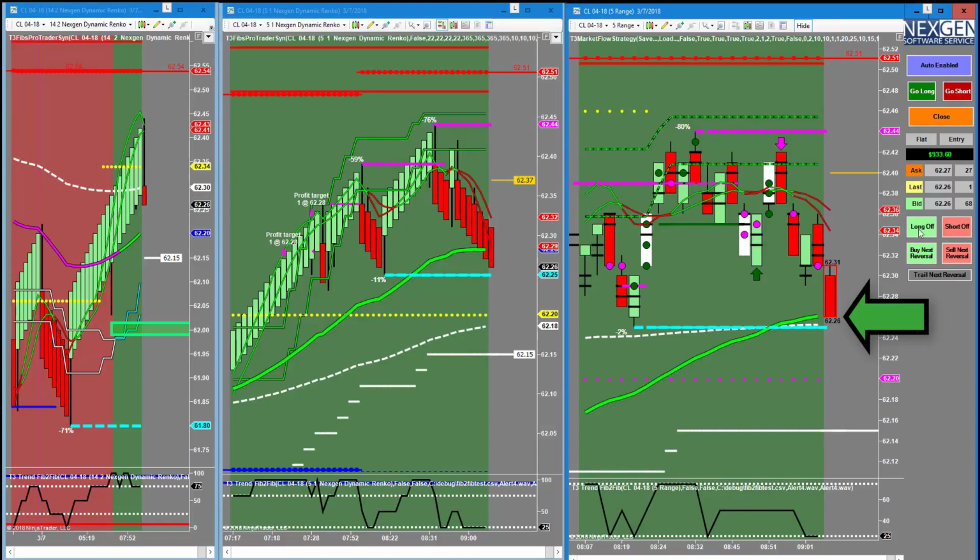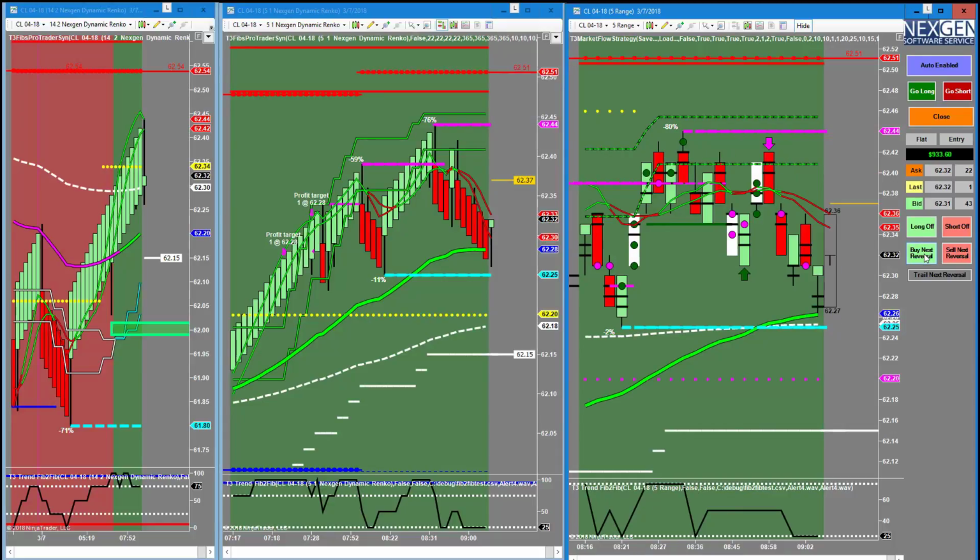Again, we've got some divergence at the top, but the one thing that trumps just about everything else is the overwhelming strength of the triggers going to the upside on the 14-2 chart, and the lack of divergence on the 14-2 chart.